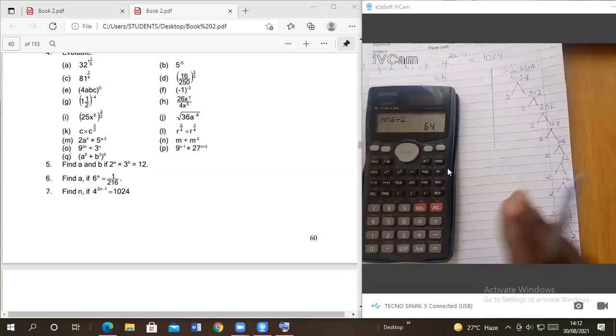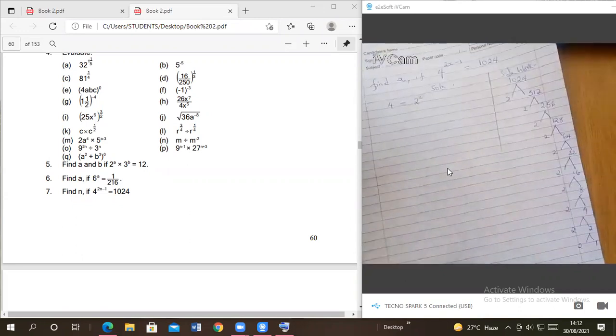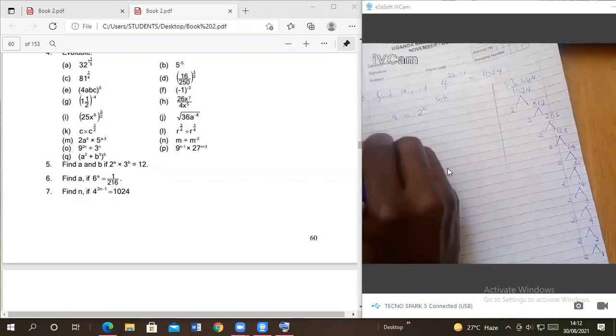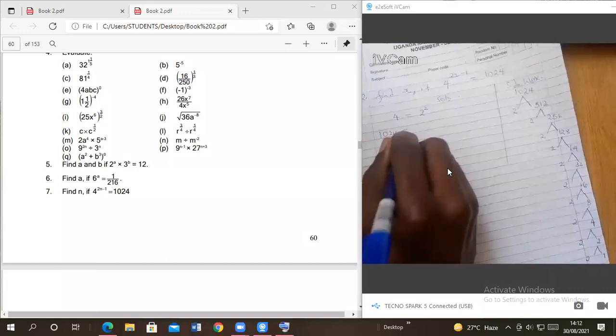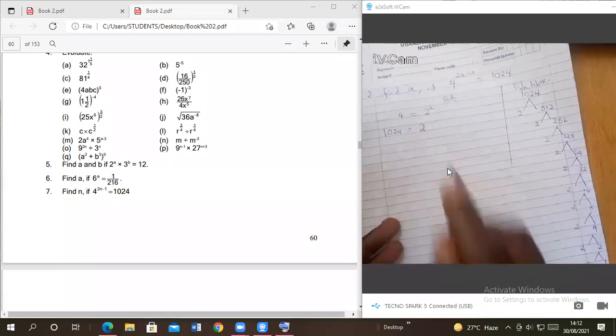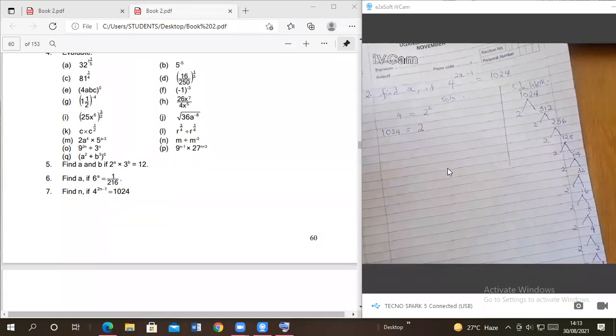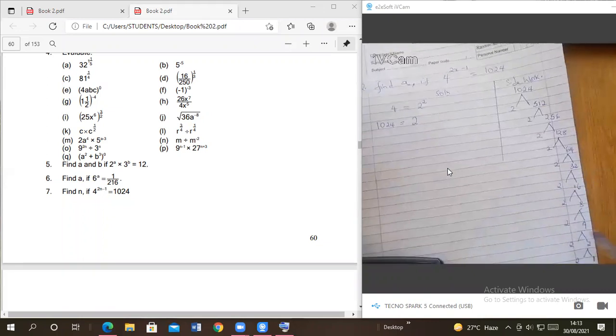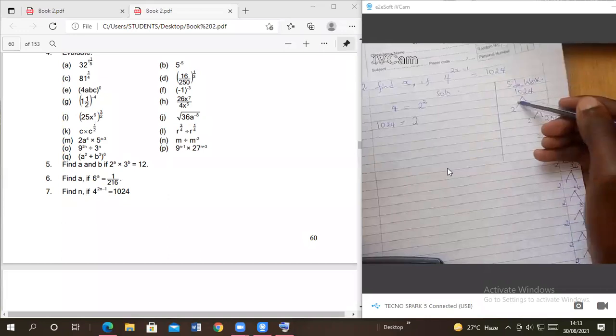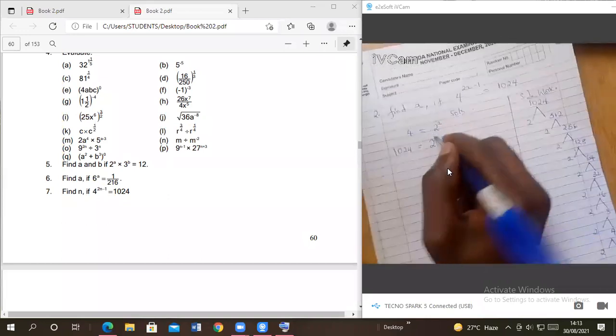You can see that. So we can say 1024 is the same as 2 multiplied. How many times are we multiplying 2 here? We have 1, 2, 3, 4, 5, 6, 7, 8, 9, 10. 10 times, right?